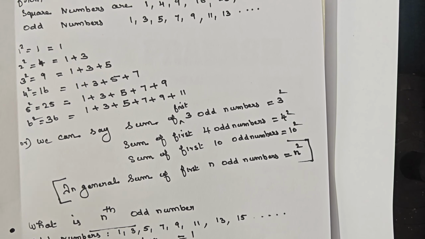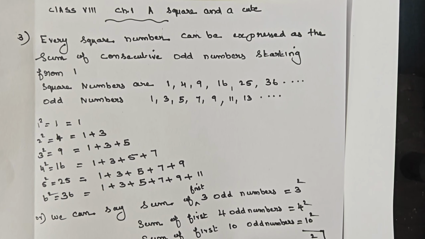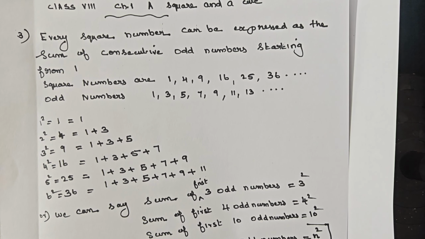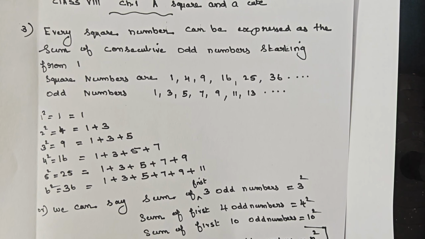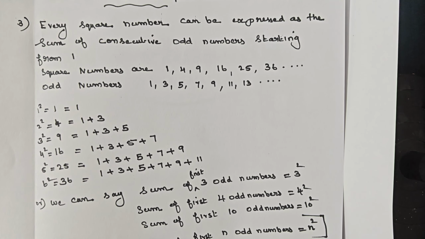Now the third property: every square number can be expressed as the sum of consecutive odd numbers starting from 1.